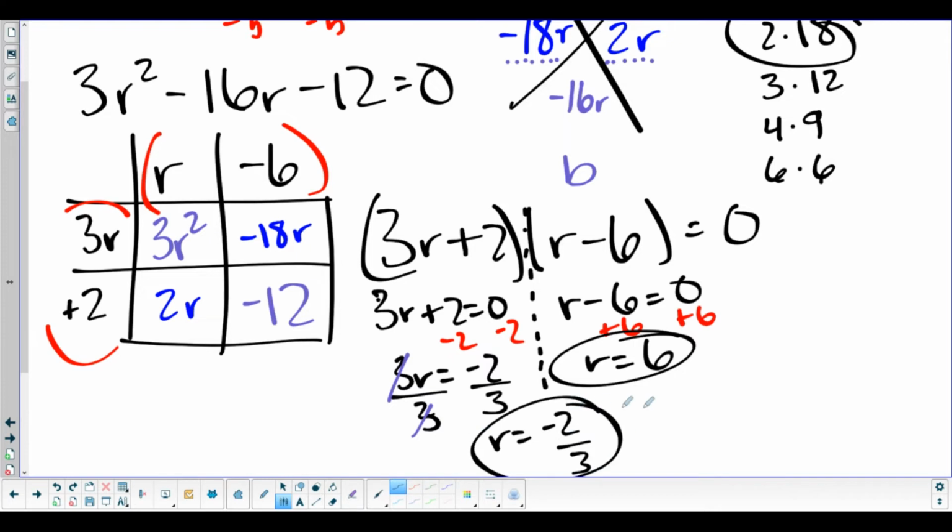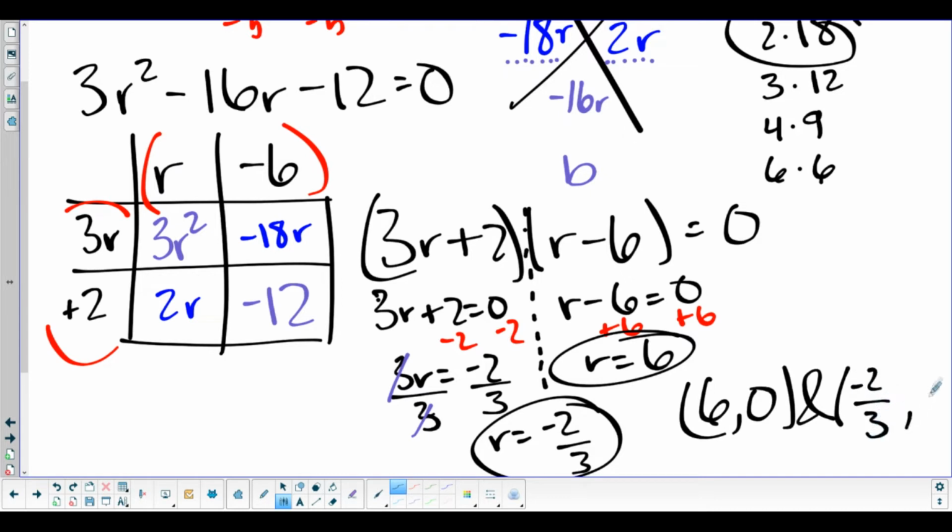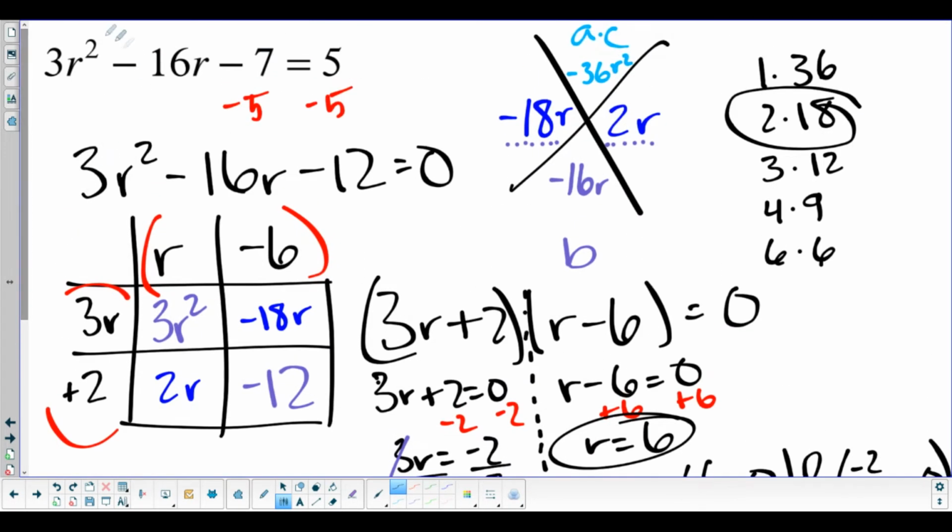So my 2 points that I want are (6, 0) and (-2/3, 0). Cool. So this is a little bit more tricky. It happens if the value in front of your leading coefficient is greater than 1. In other words, it's not just x squared, it's like 2x squared or 3x squared or 5x squared or something.